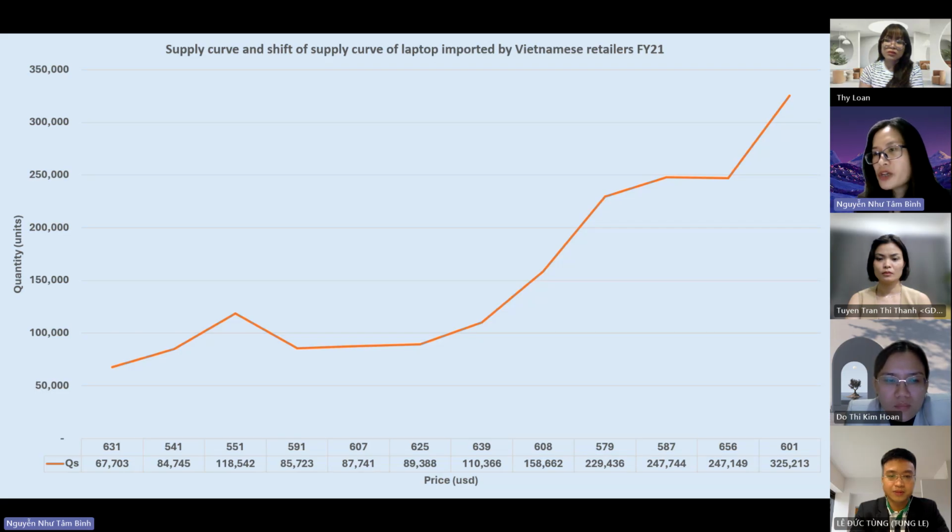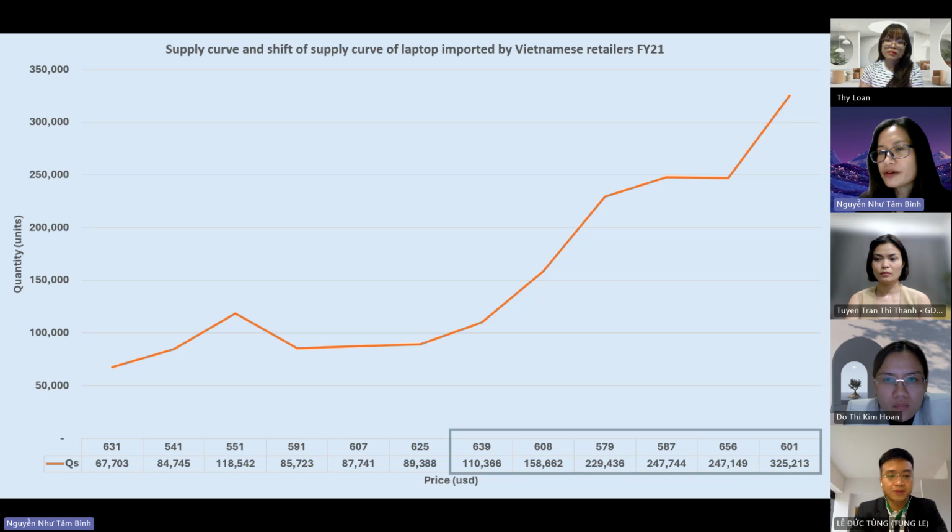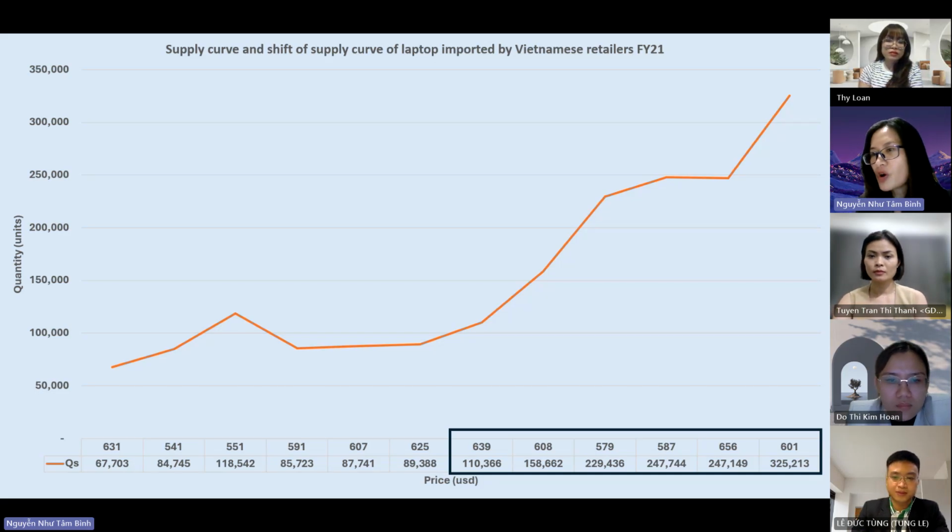And the second period, since September 2021, when the Vietnamese government lifted the lockdown, local demand significantly increased, more than doubling from 50,000 units to 122,000 units. All retailers increased their orders, and all laptop brands increased their production 2 months in advance after knowing the plan of lifting the lockdown.